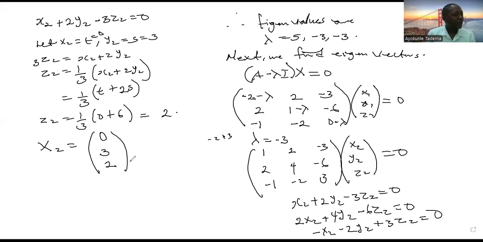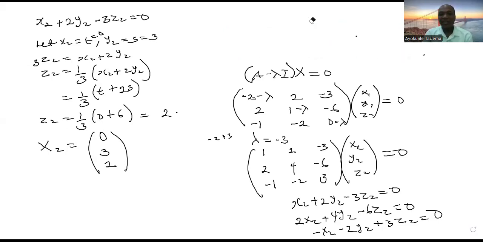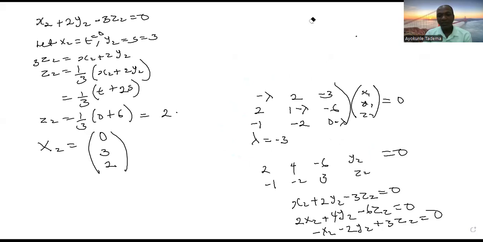eigenvector. Now, how do you find the last eigenvector? How do you find the last eigenvector? Now listen, please.